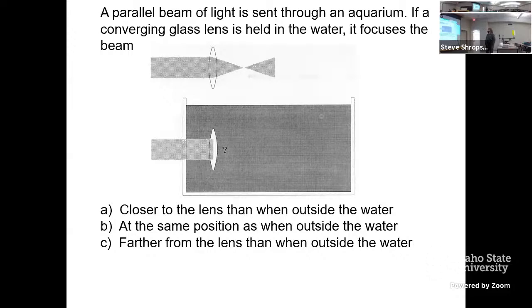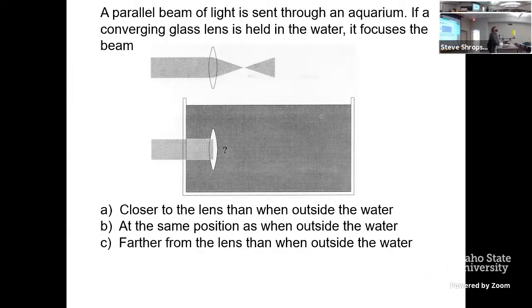Okay? Can I get a volunteer to defend C that in fact would be farther away? I chose C, I just guessed because I also went off what you said, that when light goes to glass, it bends more. I figured that it would have to be farther.